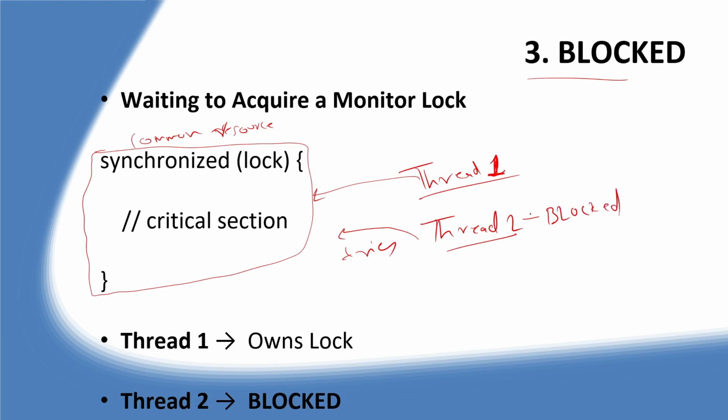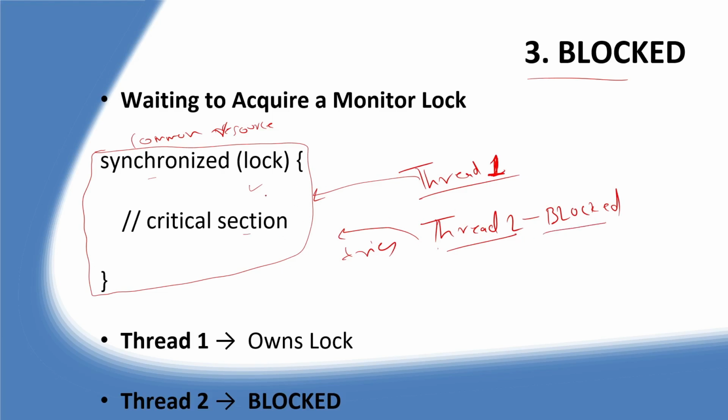Once the lock becomes available, that means thread 1 is done with its task and it will unlock this block. Then thread 2 acquires it and can return to the runnable state. Earlier it was blocked.